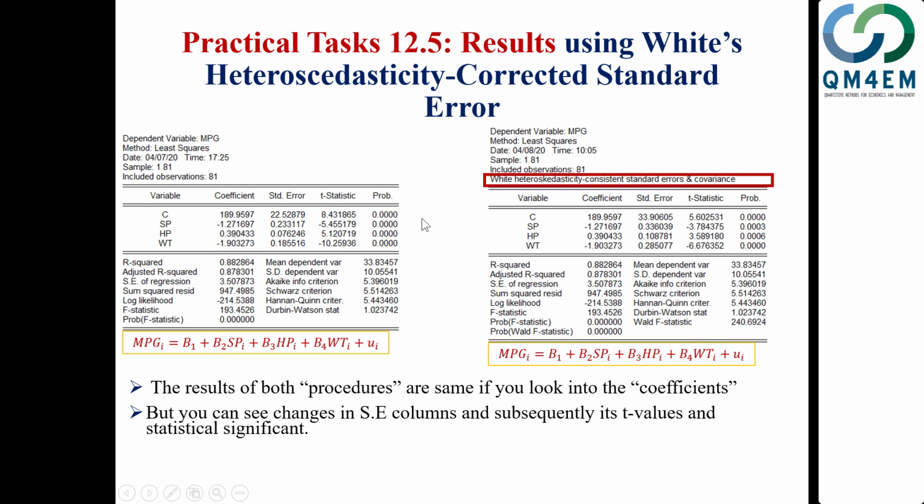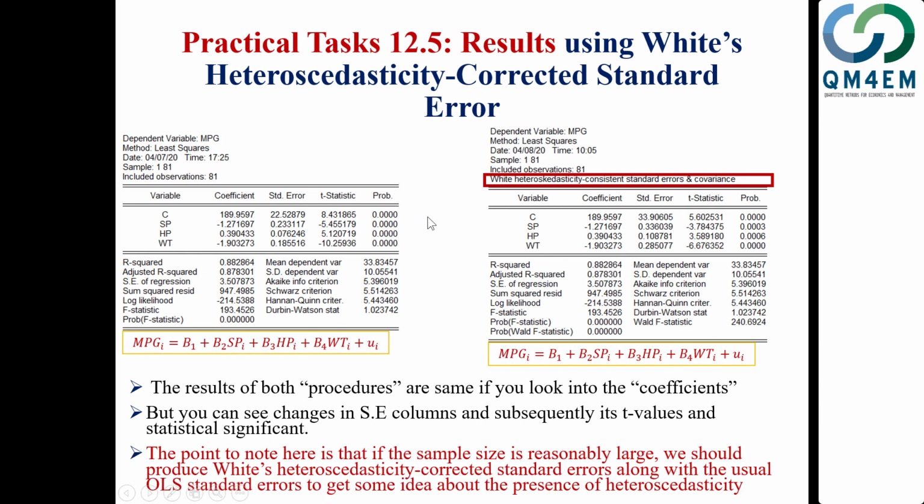So the point to note here is that if the sample size is reasonably large, we should produce White heteroscedasticity-corrected standard errors along with the usual OLS standard errors to get some idea about the presence of heteroscedasticity. So that's the bottom line.